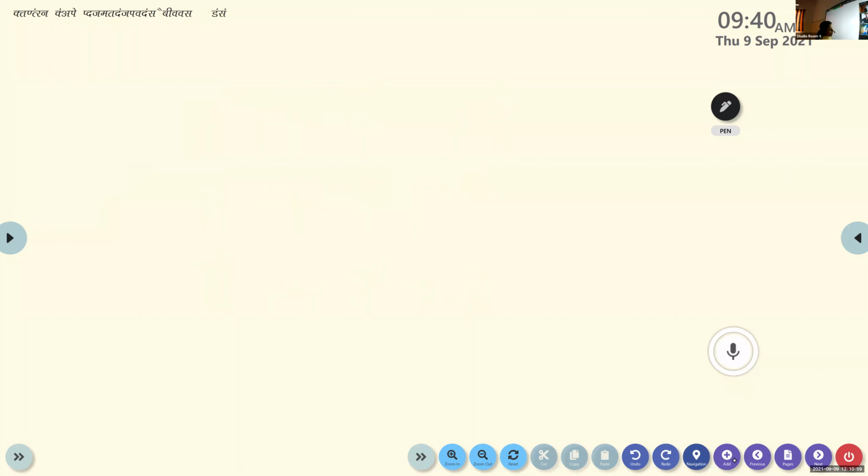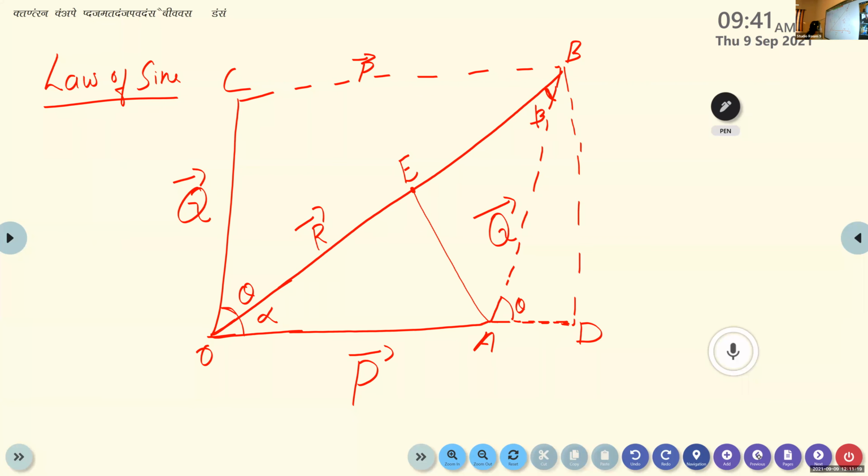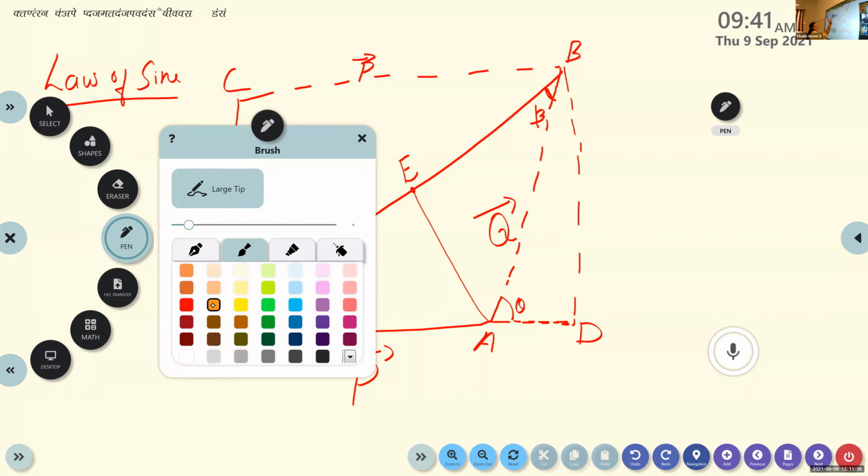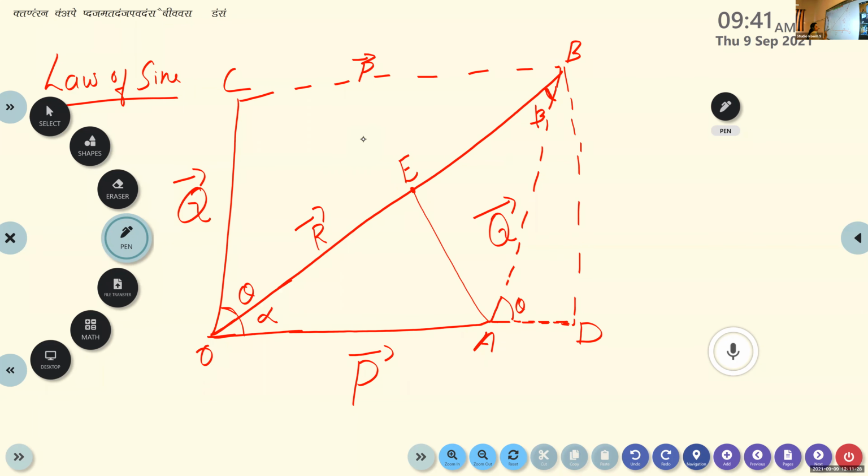Now we consider the triangle ODB. We are starting with the triangle ODB. We are repeating the same topic that we discussed in the last class.